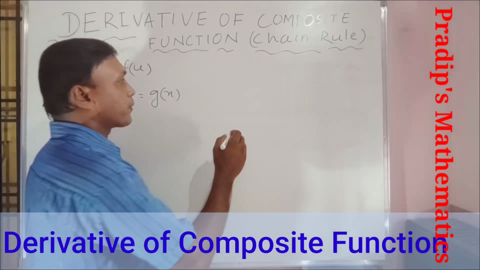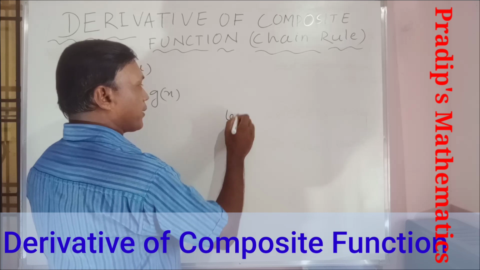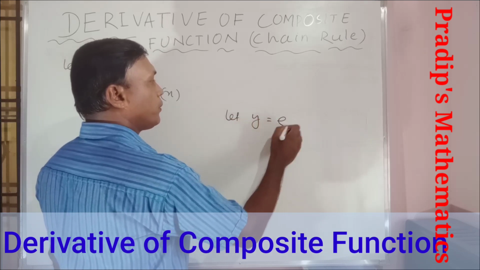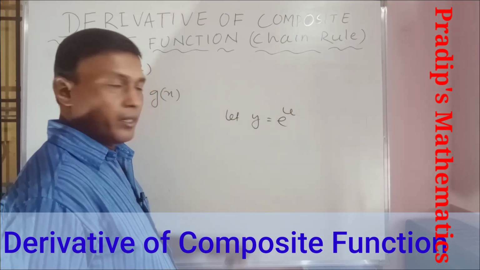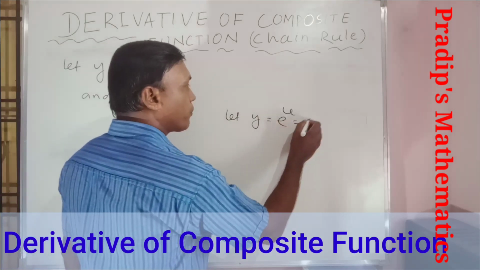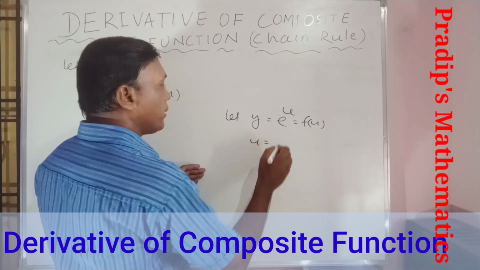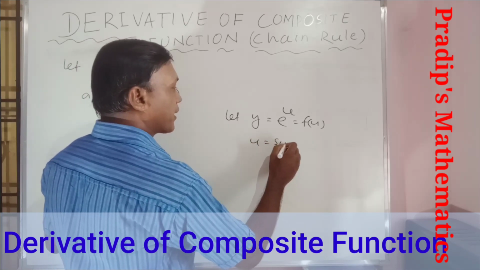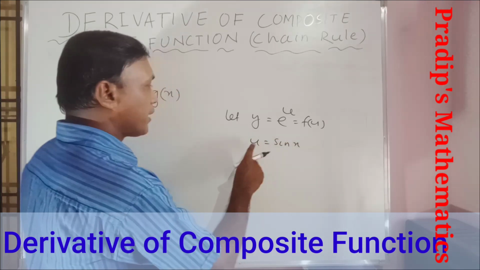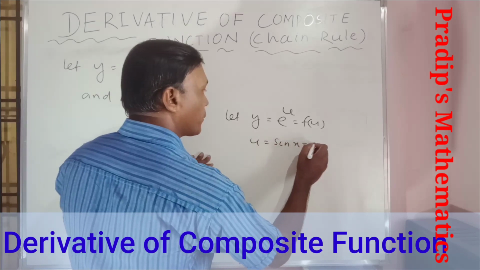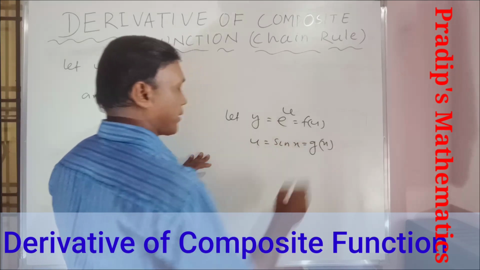How? Look at here. Let y is equal to e to the power u. Here y is a function of u. Let u be sin x. That is, u is a function of x, so we can take it as g of x.